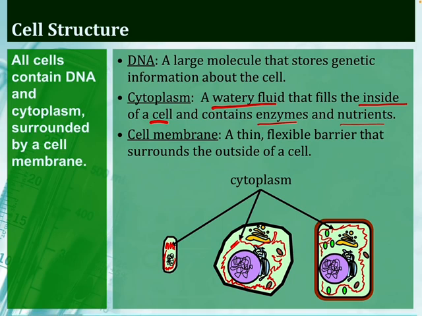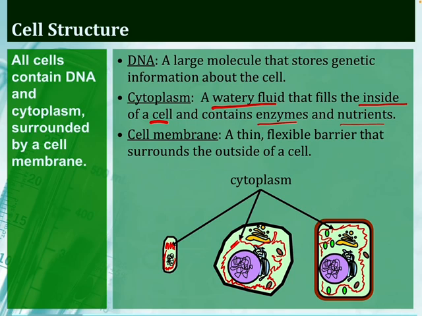Within the cell, you are going to have cytoplasm, and that surrounds the interior. It basically fills up all of the empty space within a cell. So all these other things that we see in here are the other types of organelles that we're going to be learning. We haven't talked about them yet, but around those organelles, that fills up the space, that is known as your cytoplasm, and all cells have that as well.